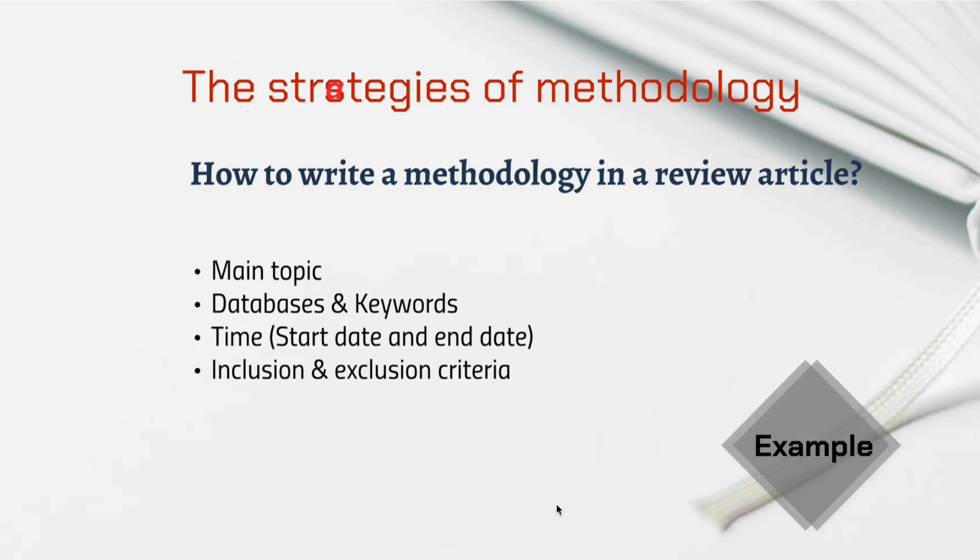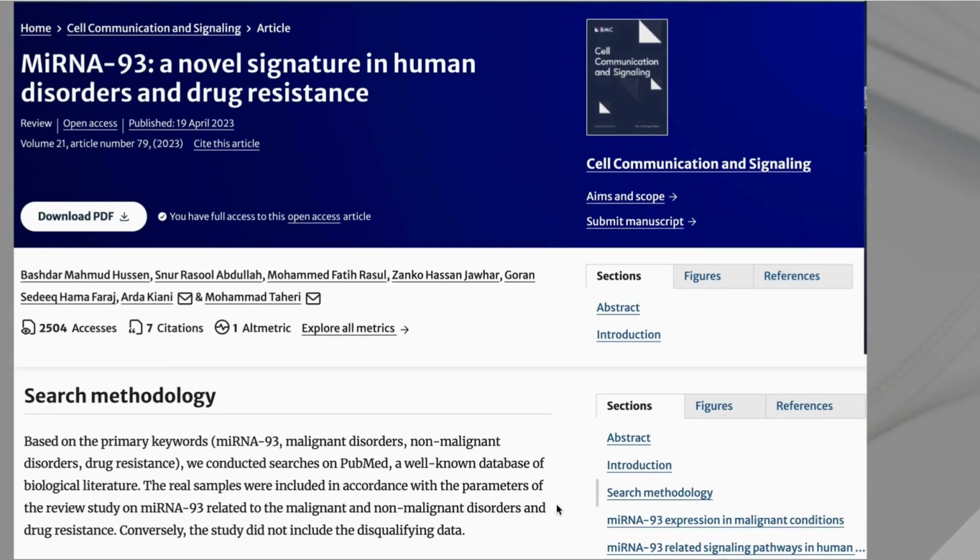Let's see an example. This is one of the papers that we published in a Nature journal, Cell Communication and Signaling, impact factor 8.2. So look how we organize a methodology in a simple way.